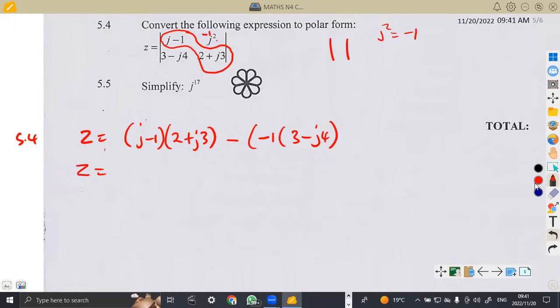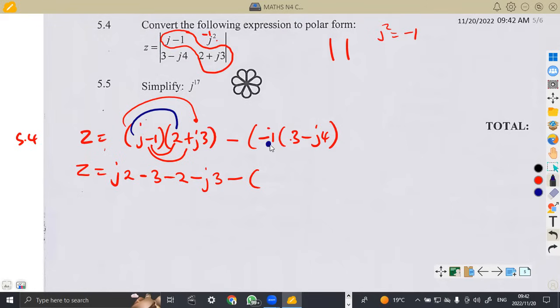So you're supposed to expand as usual. J and 2, that's 2J. Then J and 3, take note, J squared is -1, so it's going to give us -3. -1 times 2 is -2. -1 times J3 is minus J3. Then minus, we have to expand first, so it's minus times 3. This minus outside the bracket is the one I'm using.